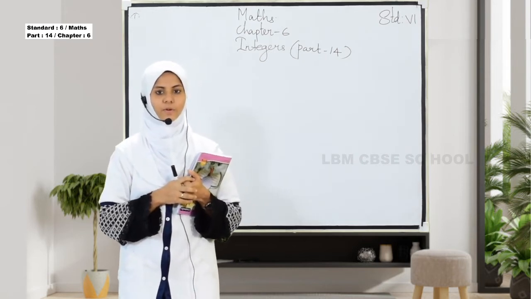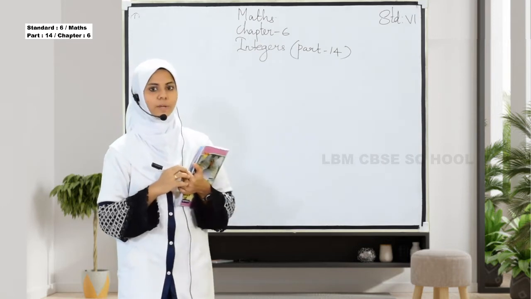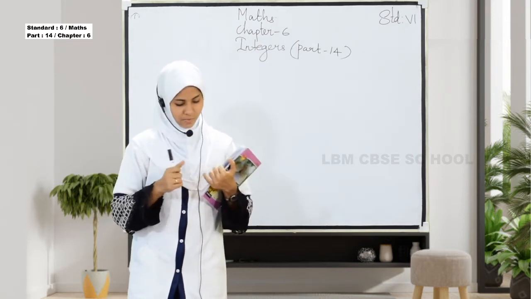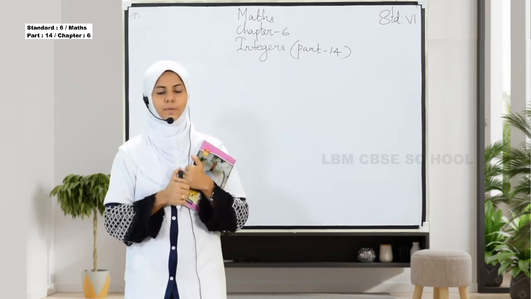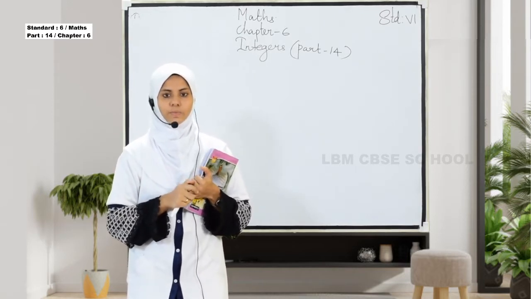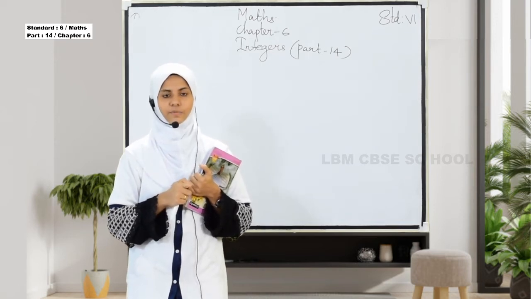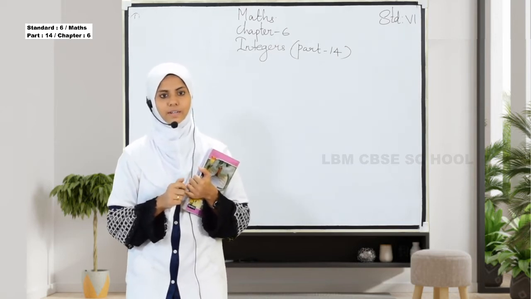That is, the name of the chapter is integers. Okay. Then what do you mean by integers? We already studied natural numbers. We already studied whole numbers. We know natural numbers are the numbers starting from 1, 2, 3, etc. Isn't it?